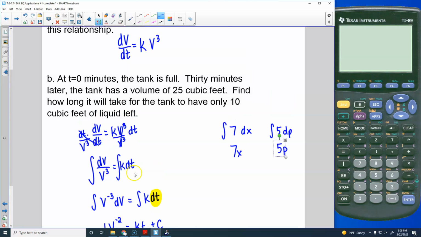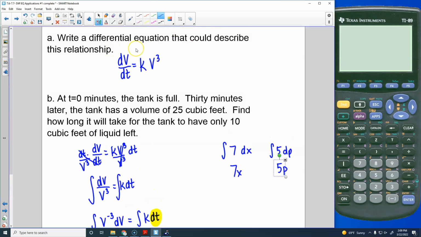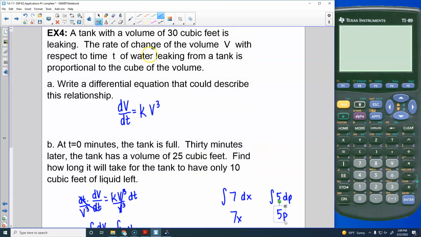A point or 2, probably. Usually they don't do this on FRQs. Usually part A might be a multiple choice question. Usually in a free response question, they're going to give you part A, because if you get part A wrong, then you have no chance of getting that.